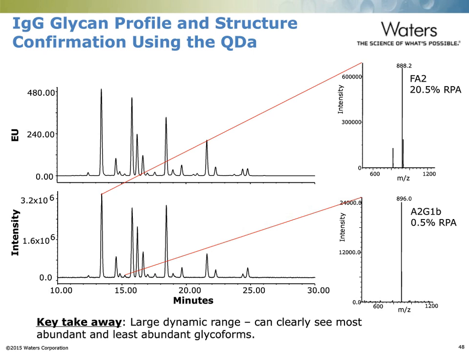So whether we have structures that are at the high end of the relative peak area based on fluorescence or at the low end, we're getting very good spectra, and we can certainly go lower than 0.5% relative peak area. There are some examples we have that go down to 0.1 and sometimes below 0.1% relative peak area. We still have very good signal-to-noise and high-quality spectra.